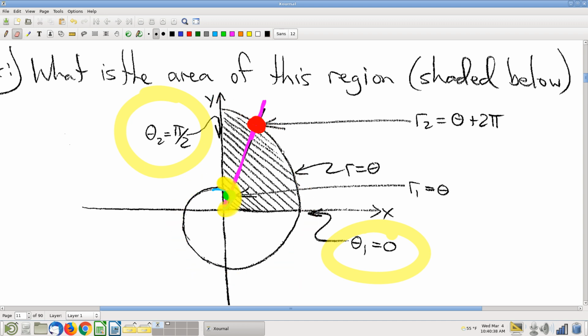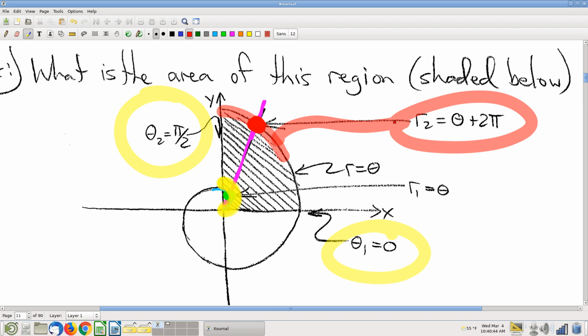You do an additional full turn. So for these values of theta, the equation is 2 pi plus theta. Or if you prefer, you could say, look, I've gone an additional 2 pi around, and so r is 2 pi bigger, if you just want to think of it a little bit more loosely.